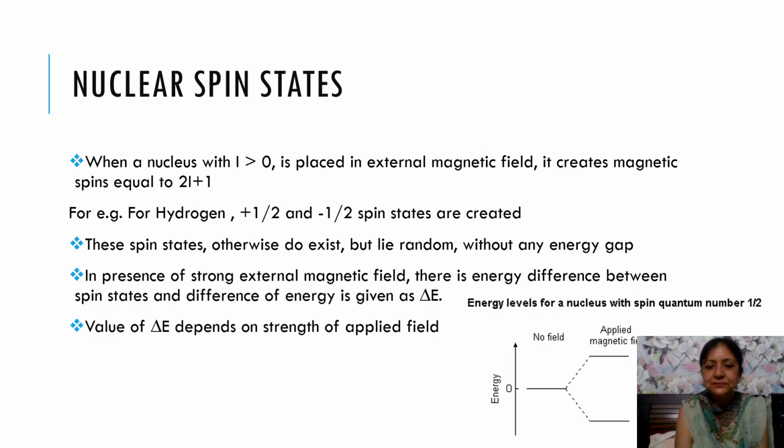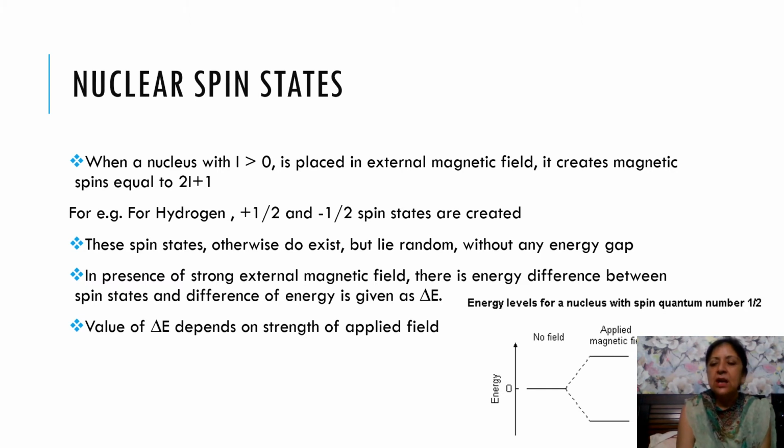Next. Now, I have told you that the first point is the nucleus, and the nucleus should be NMR active, for which the condition is I should be greater than 0. When such a nucleus is placed in an external magnetic field, it creates magnetic spin states whose number is equal to 2I plus 1.